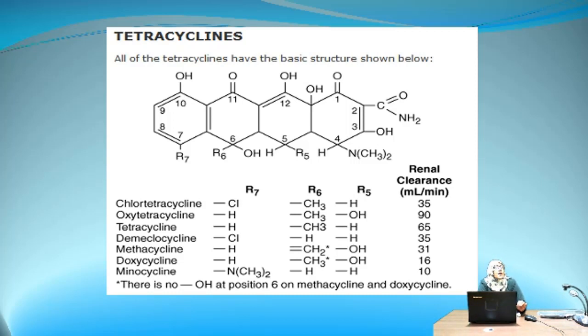Demeclocycline 60, tetracycline 65, demeclocycline 35, methacycline 31, doxycycline 16, and minocycline 10. So this figure shows the general structure of tetracycline and the differences among these members of tetracycline in positions R7, R6, and R5.